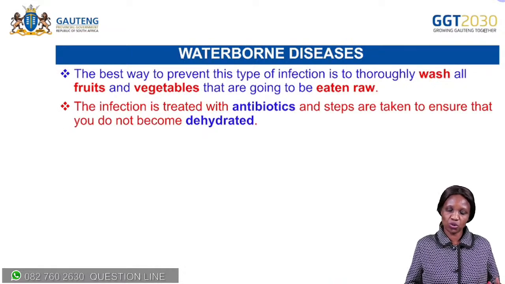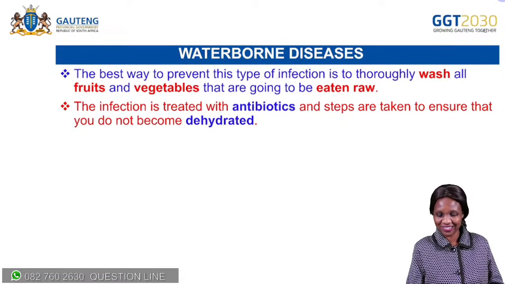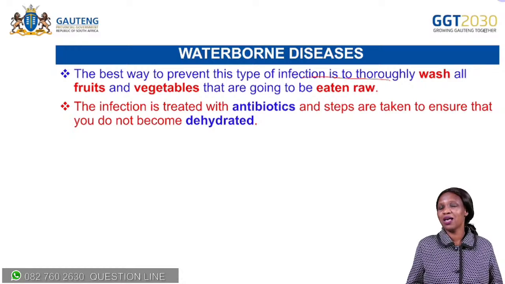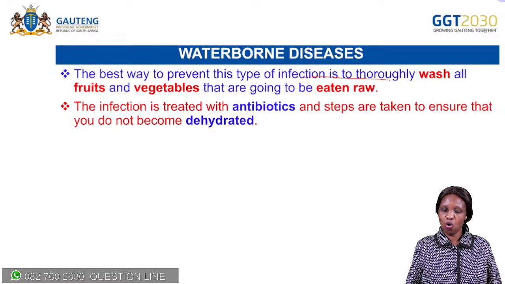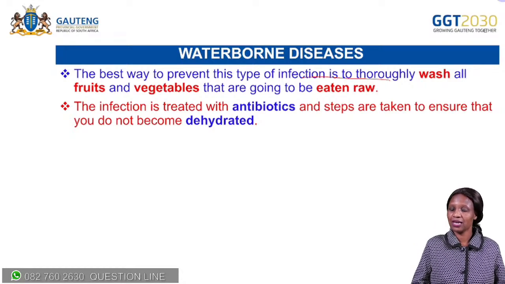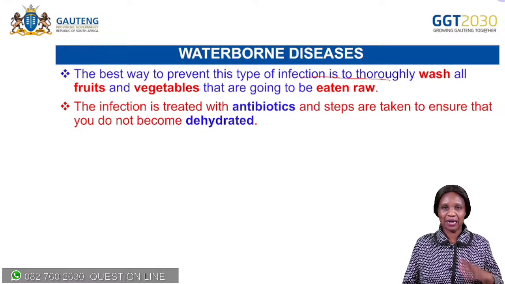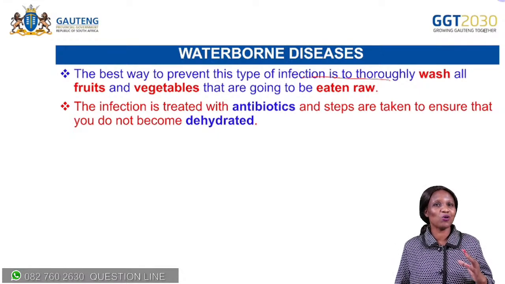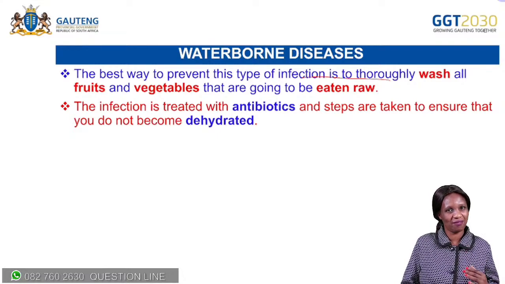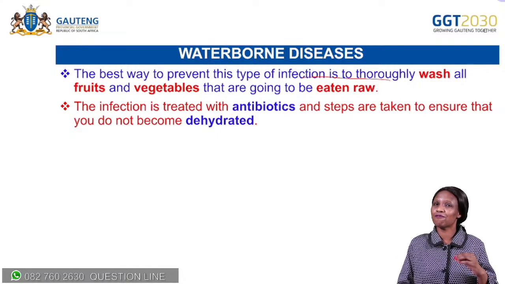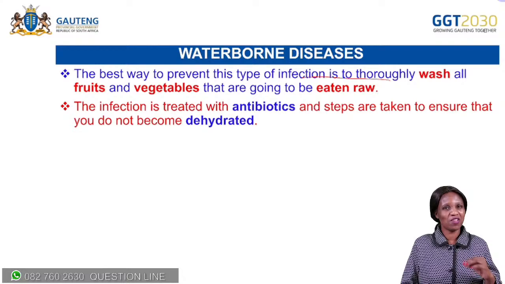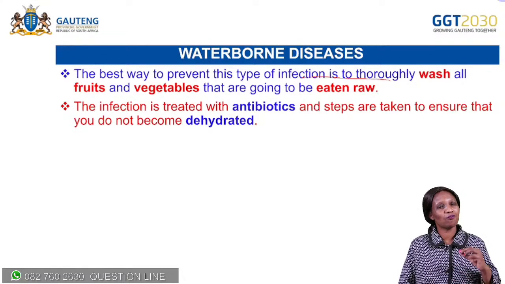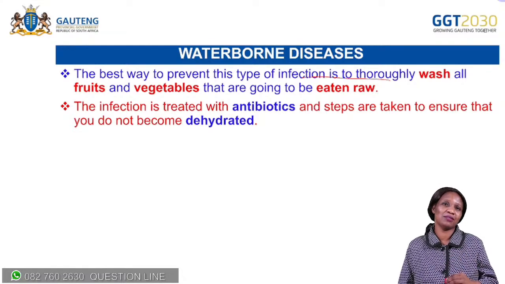And then let's go to waterborne diseases again. The best way to prevent this type of infection is to thoroughly wash all fruits and vegetables that are being eaten raw. Remember, we've said microorganisms are everywhere on earth. Therefore, even the fruits that we eat or the vegetables that we eat, they've got different microorganisms.